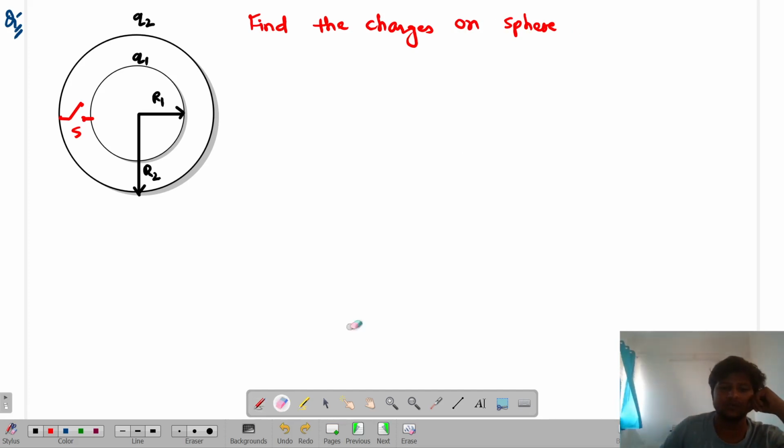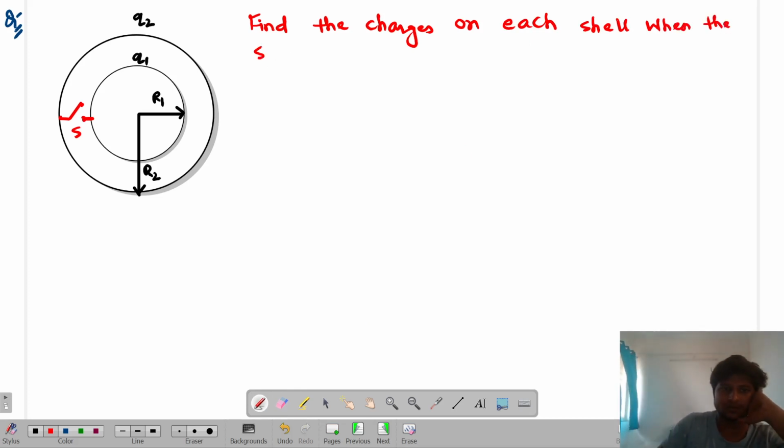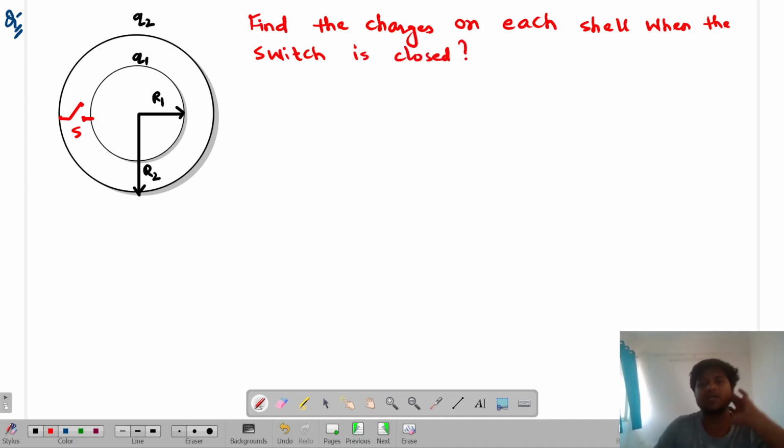On each shell you should write, on each shell, when the switch is closed. Is that clear? Do it.